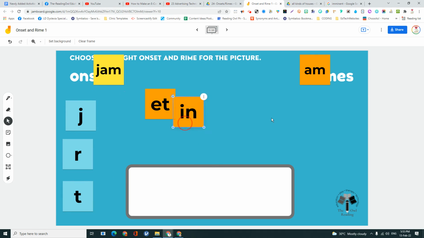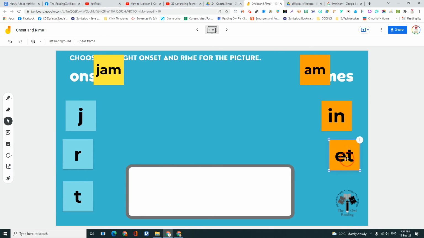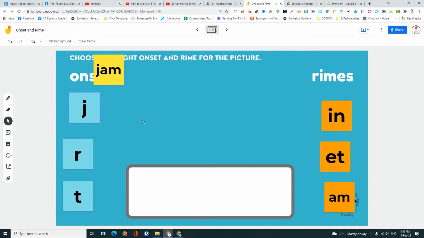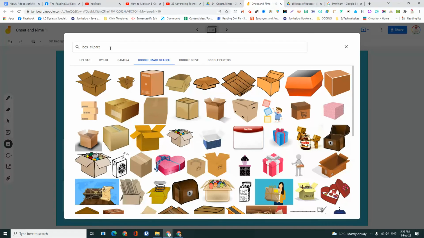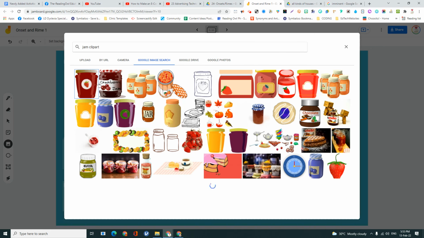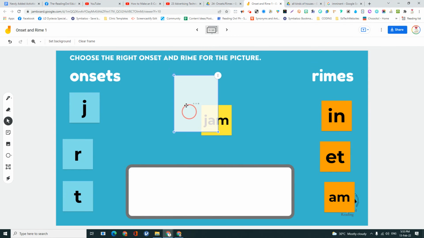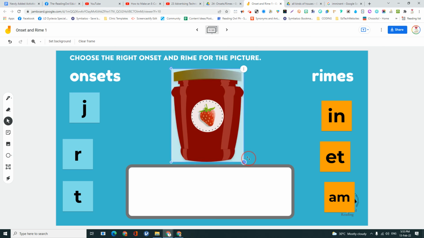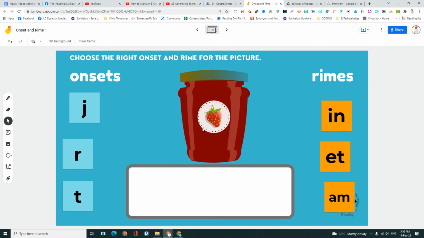I designed it so that the onsets are in the beginning part, on the left side of the board, and the rhymes are on the right side of the board. So the word is going to be in the middle. I'm going to look for a jam clip art. So I'm going to use that one and there you go.